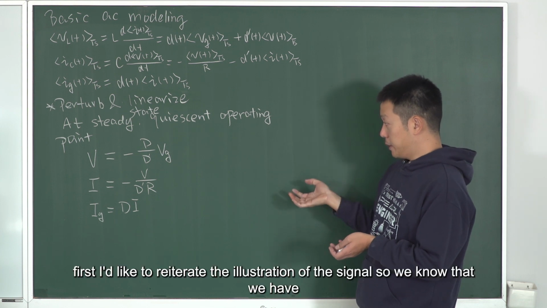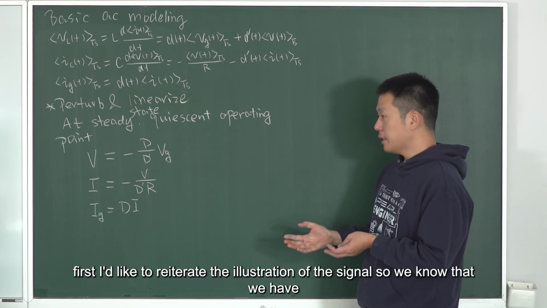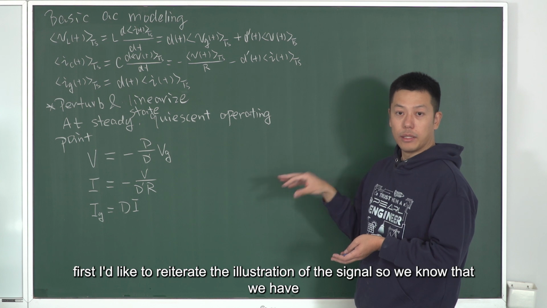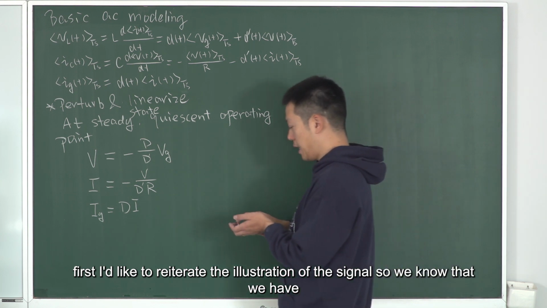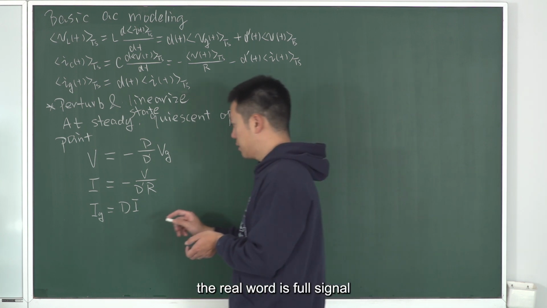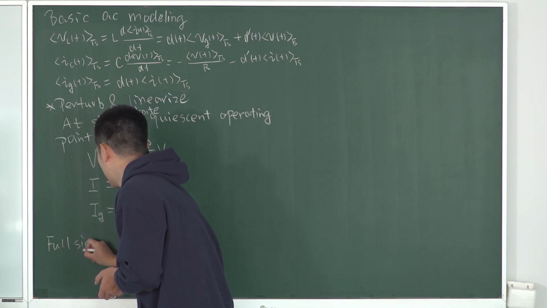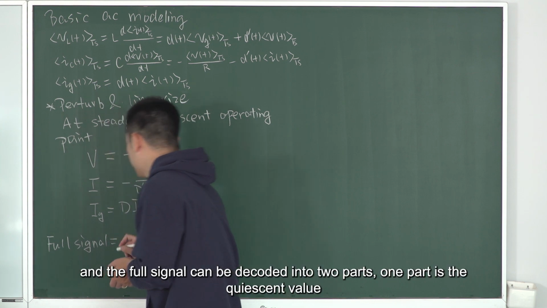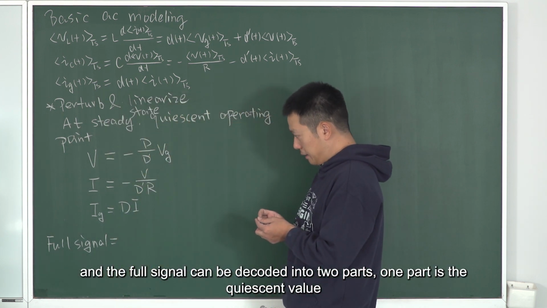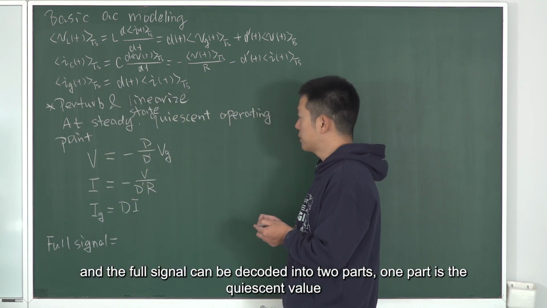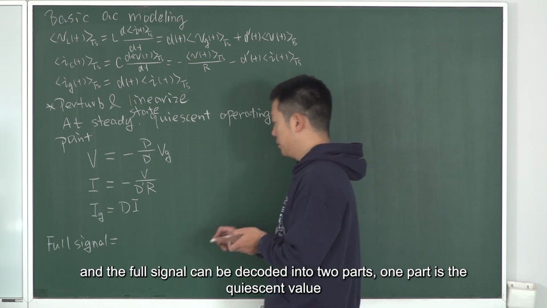And I'd like to reiterate the illustration of the signal. We know that the real-world signal is the full signal. And the full signal can be decomposed into two parts. One part is the quiescent value.